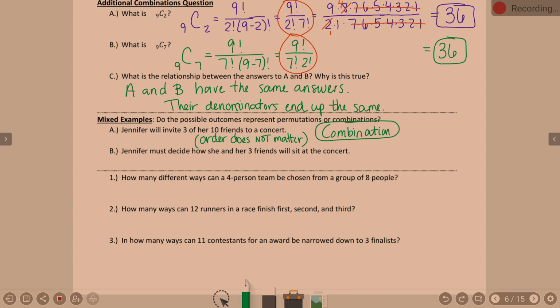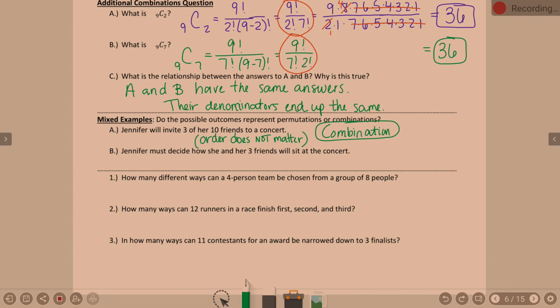B. Jennifer must decide how she and her 3 friends will sit at the concert. Okay, so she's taking her and her 3 friends, 4 people, and she is arranging them. And so order matters, isn't it? Otherwise, if we're just picking 4 people to put in 4 seats and order doesn't matter, there's just one option.